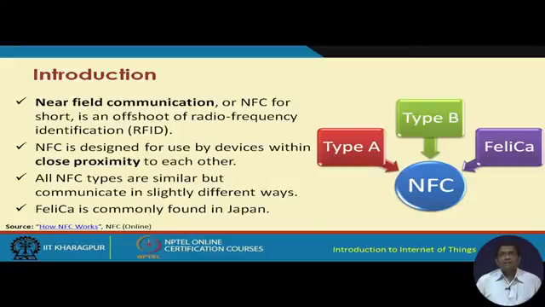All NFC types are similar, but communicate in different ways. A closely allied NFC technology, known as FeliCa, is commonly used mostly in Japan. The contemporary ones, type A and type B NFC, are used in the rest of the world.